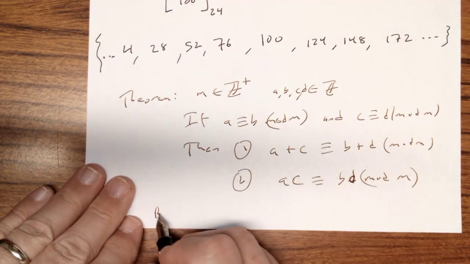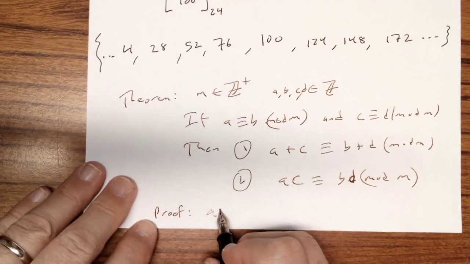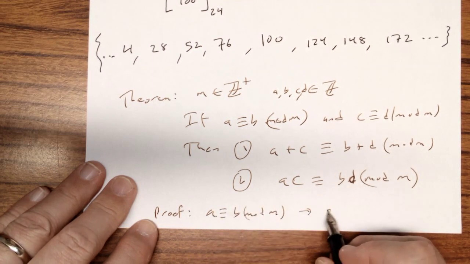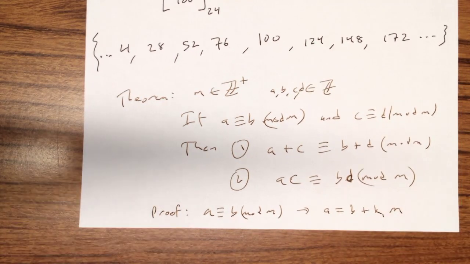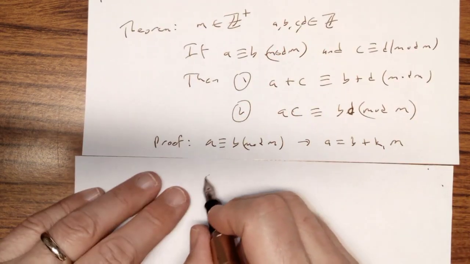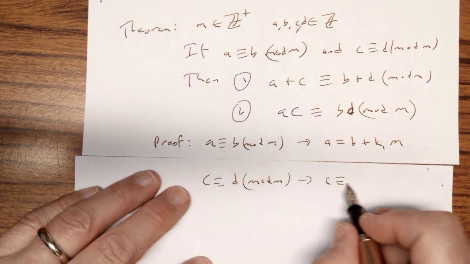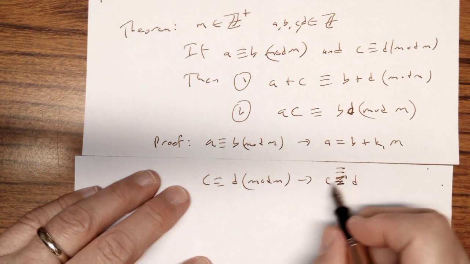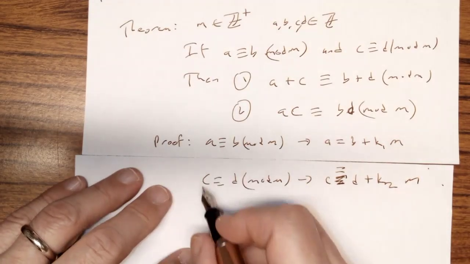The proof of 1 is actually really, really short. A is congruent to B mod M. That means that A is equal to B plus some number of M's. Same thing for C and D. That should be an equal sign, not a congruence. C is equal to D plus some number of M's. So what happens when you add A and C?